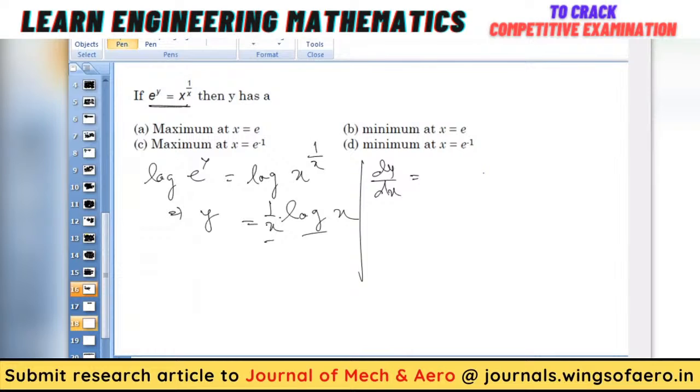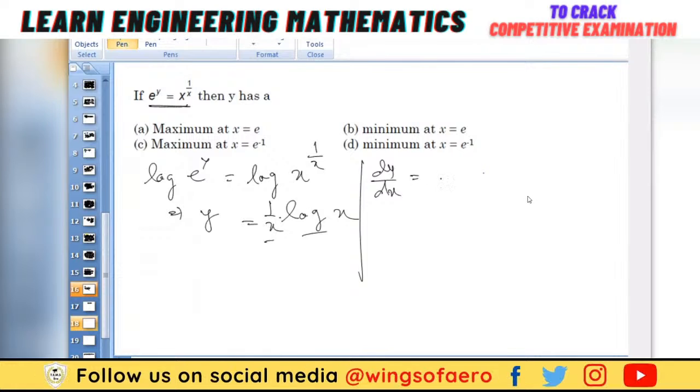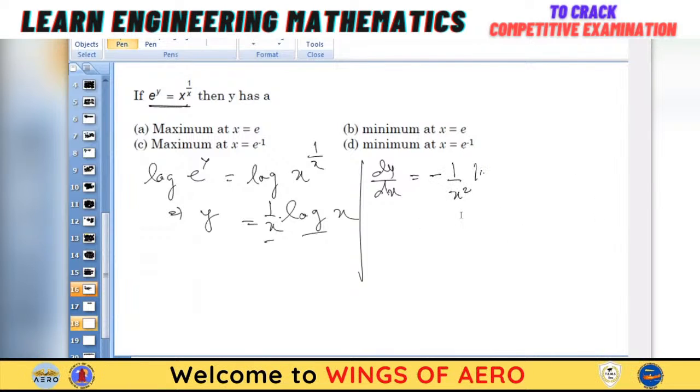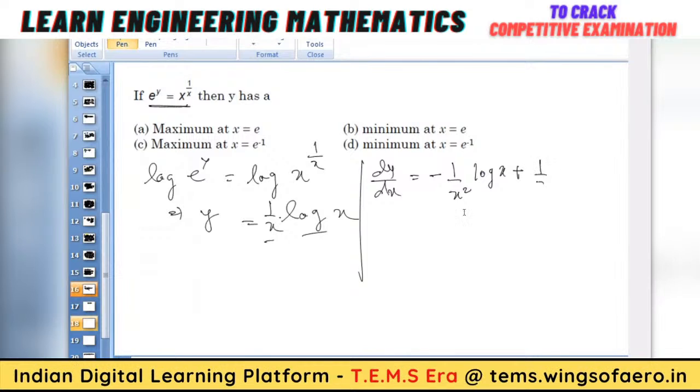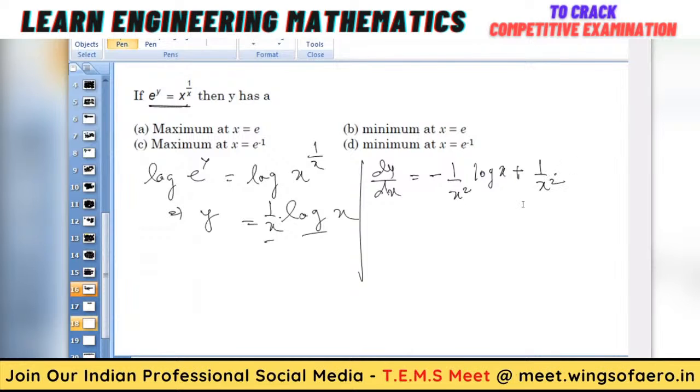The derivative of 1 by x is minus 1 by x square, times log x, plus 1 by x times the derivative of log x, which is 1 by x, so it becomes 1 by x square. That is dy by dx.